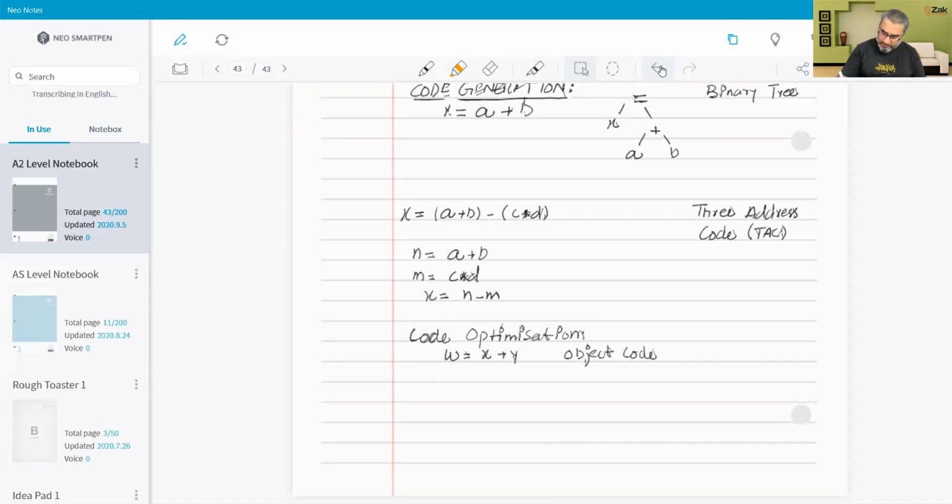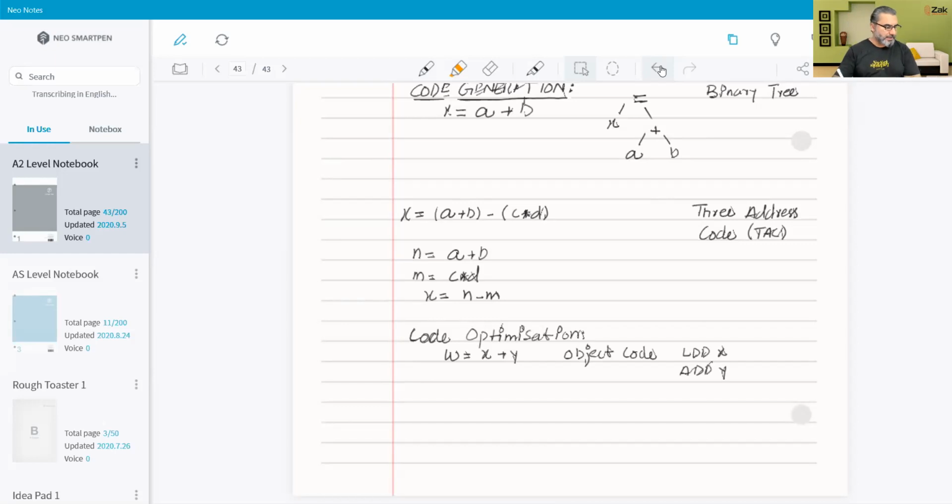Object code would be something like load X, add Y. You should understand X and Y as symbols.